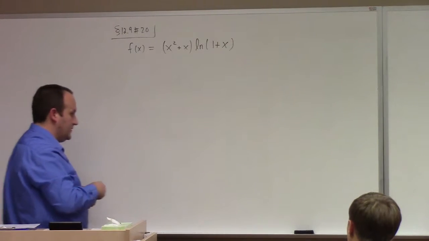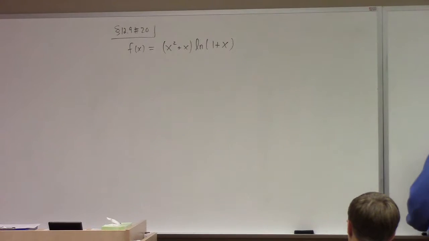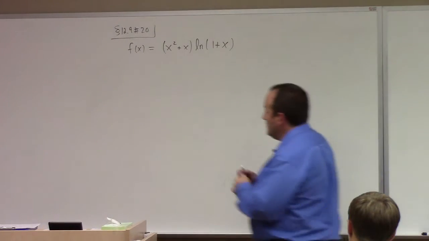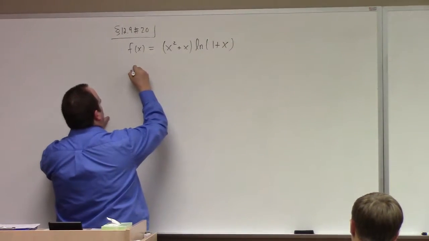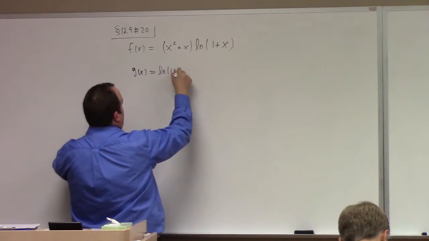What I would probably do here is I would attack the log by its lonesome. So let g of x equal the natural log of 1 plus x, right?